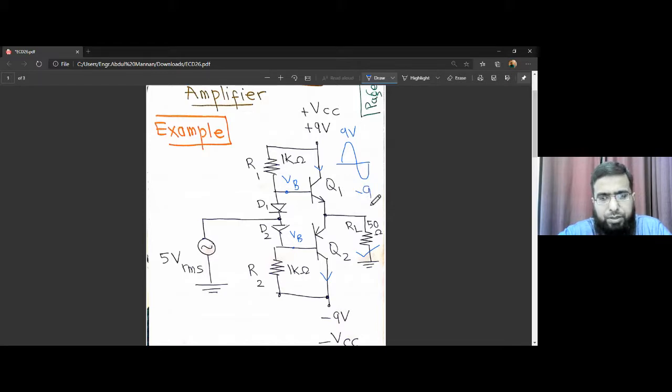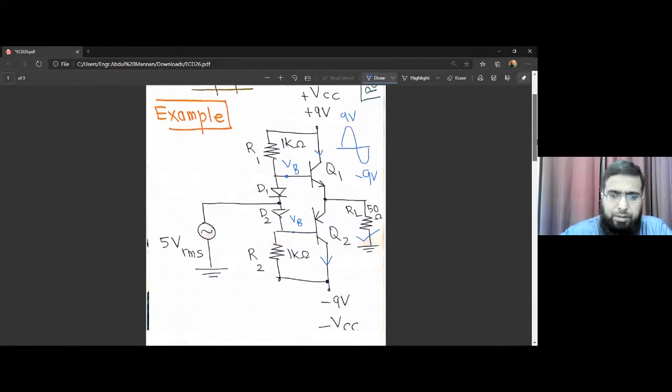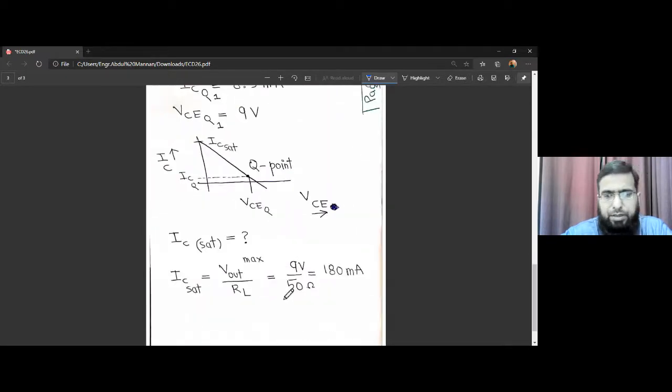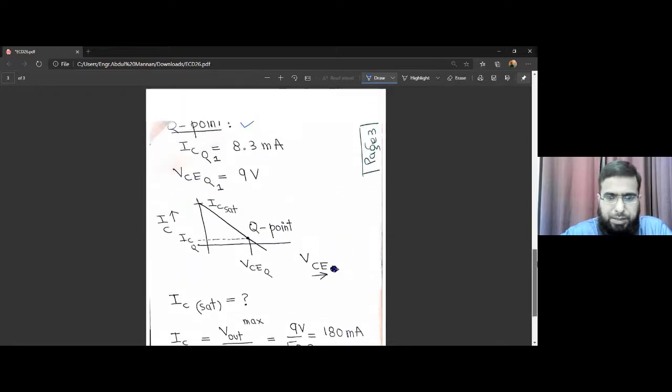This is the max voltage that we can have at the output without clipping. So the maximum voltage is 9, divided by RL, 9 divided by 50 ohm. It comes out to be 180 milliamperes, the maximum current.